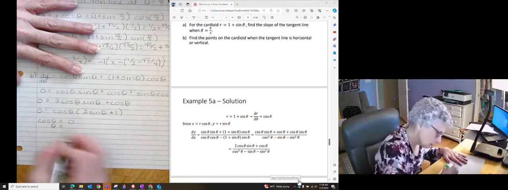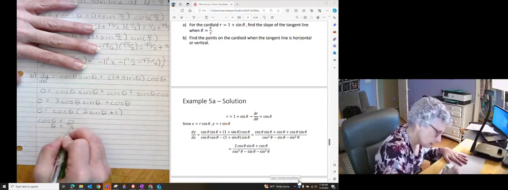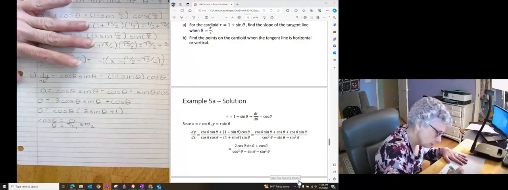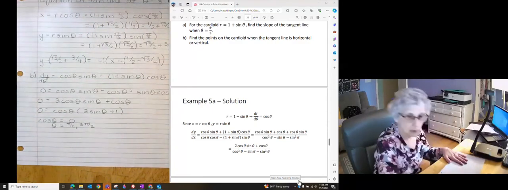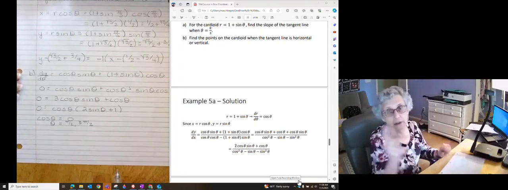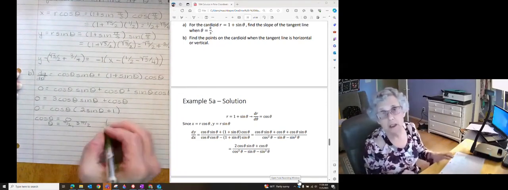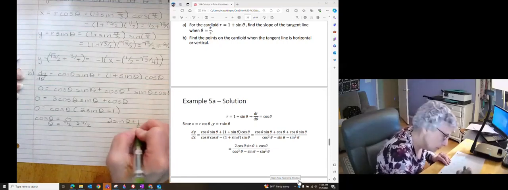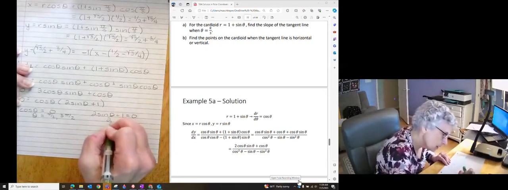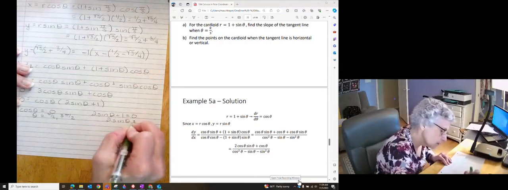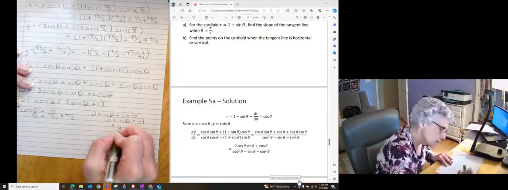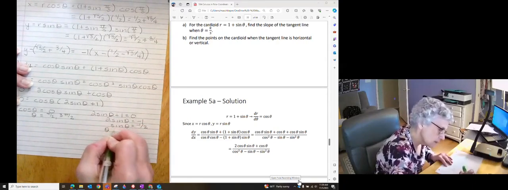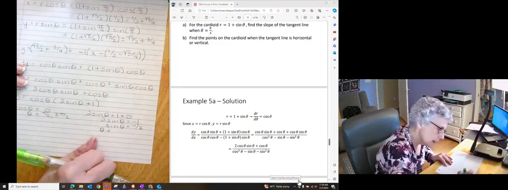So either cosine of theta is equal to 0, which means theta is equal to pi over 2 or 3 pi over 2. We don't have to find all the solutions, only the ones between 0 and 2 pi, because that's what it takes to draw that cardioid. Or 2 sine theta plus 1 equals 0. So 2 sine theta is minus 1. So sine of theta is minus a half.